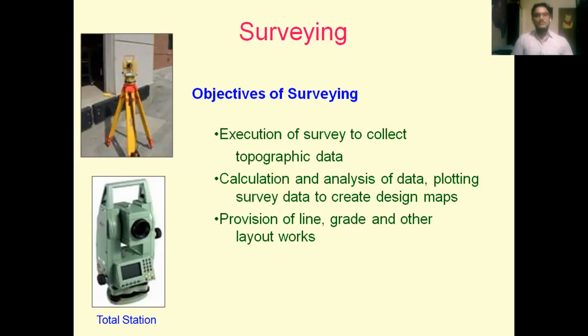So the objectives of surveying are the execution of the survey, where to collect the topographical data, calculation and analysis of data, and plotting survey data to create the design map. And here the provision of line, grades and other layout works also. For any construction activities, surveying is one of the important prior construction activities, where every construction usually takes place.